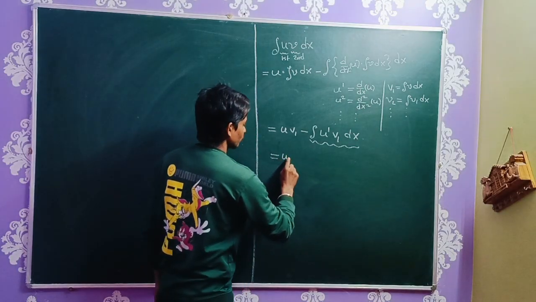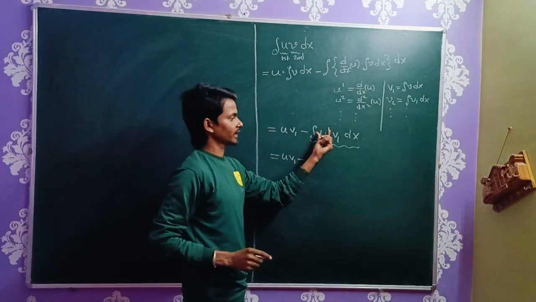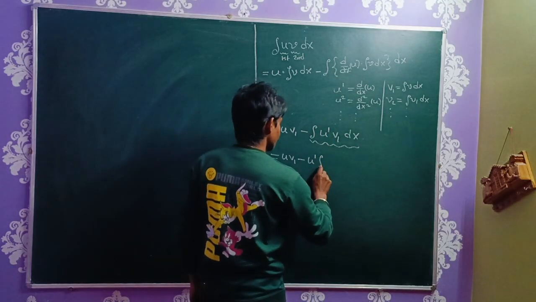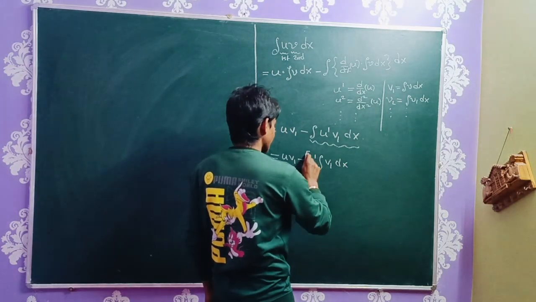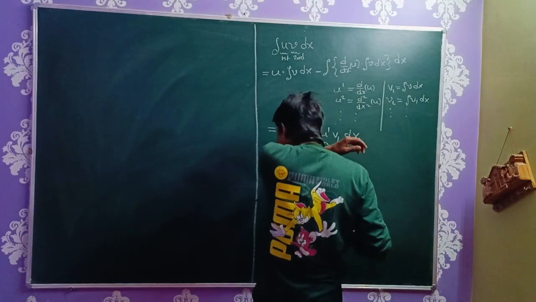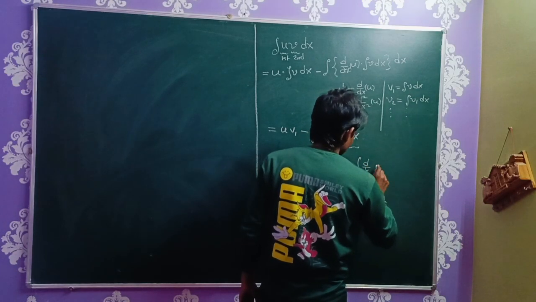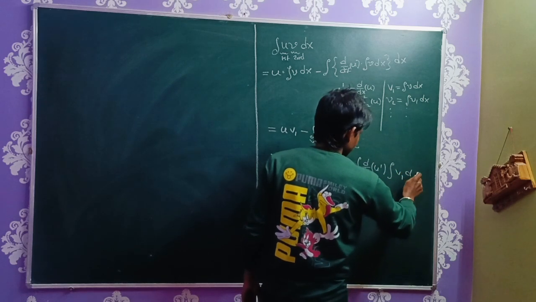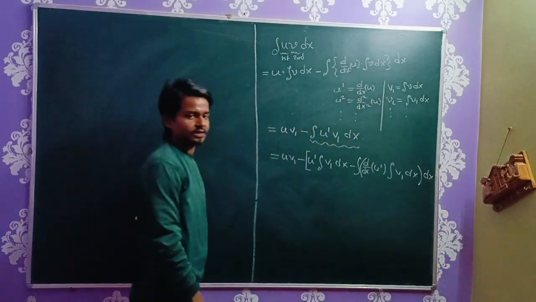What you get is u v1 minus, taking u1 as the first function, u1 as it is times the integration of v1, then minus the big integration of the derivative of u1 times the integration of v1 dx. Whatever result we get, we will integrate. This is how it is designed.